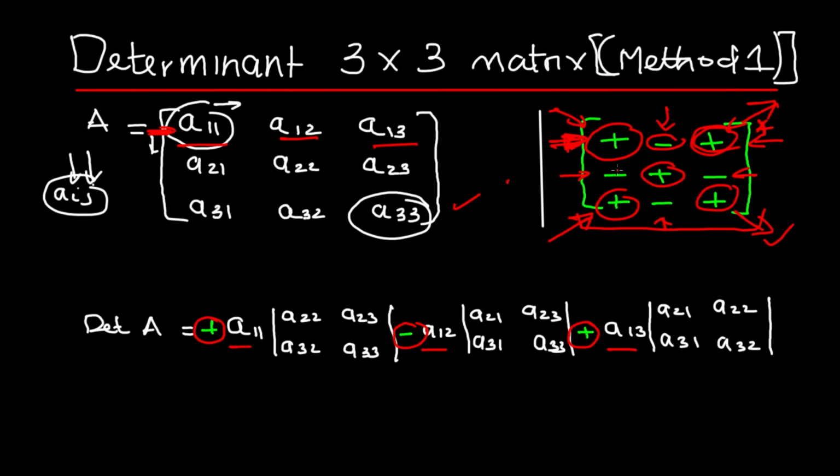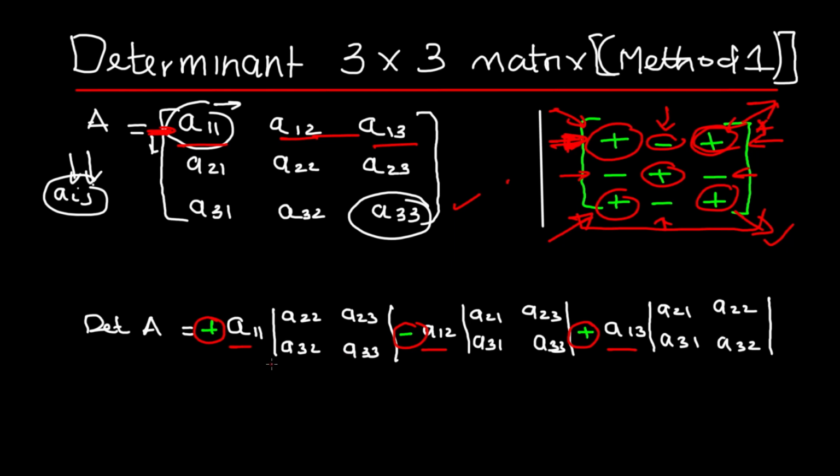But for now, for the determinant, you just use the first row. The signs you get from the first row, and these numbers outside you also get from the first row. So now we've got these numbers.